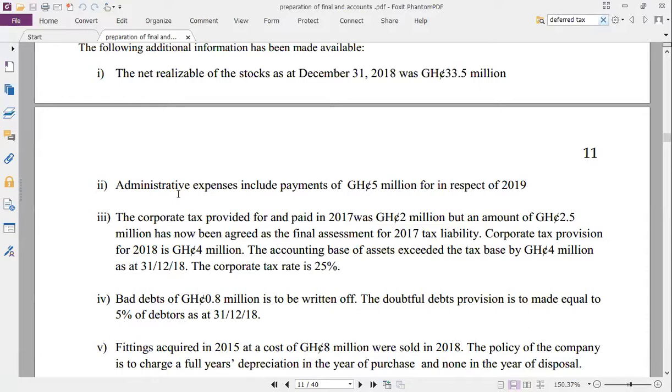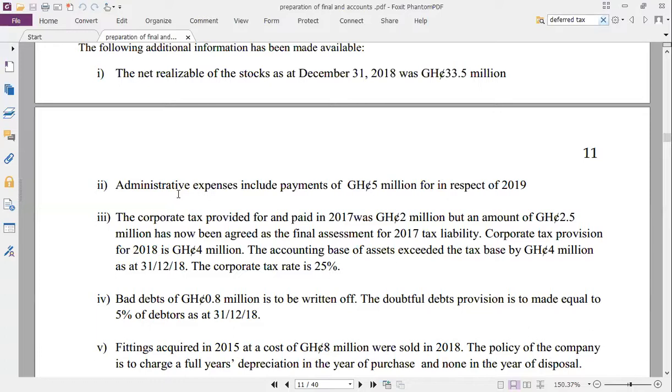Note 3 says this. The corporate tax provided for and paid in 2017 was 2 million, but an amount of 2.5 million has now been agreed as the final assessment for 2017 tax.